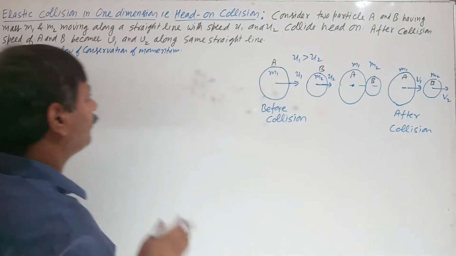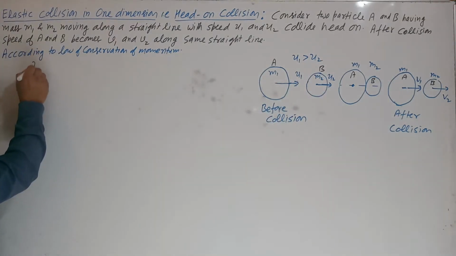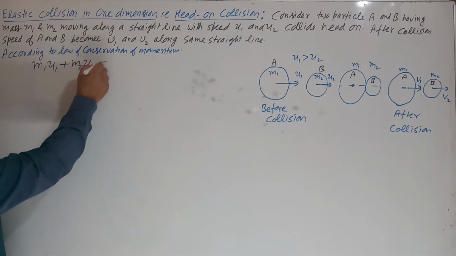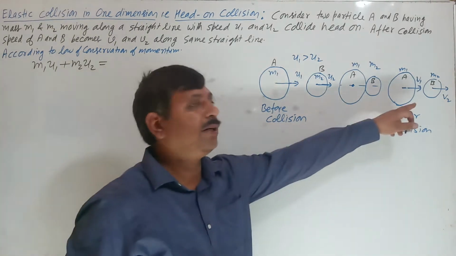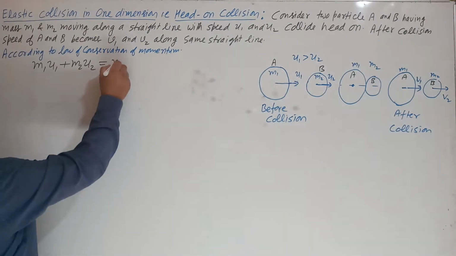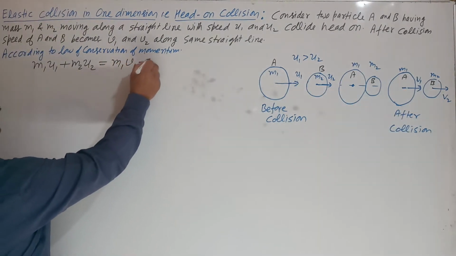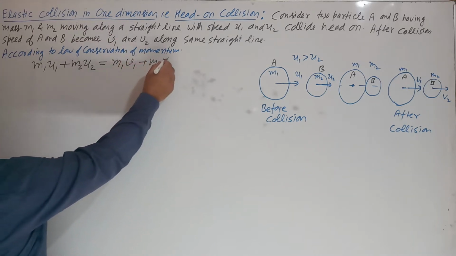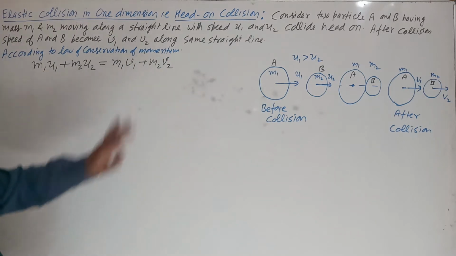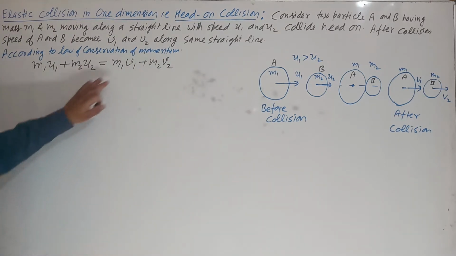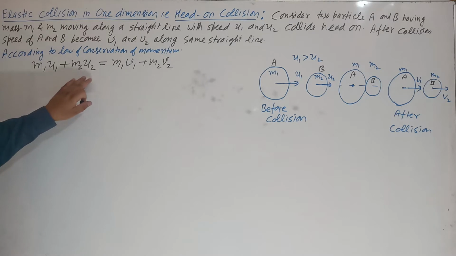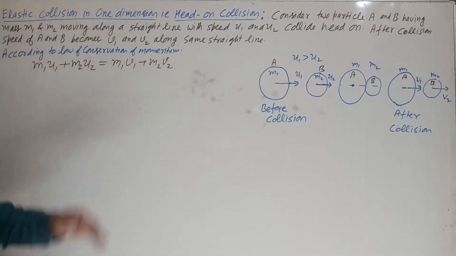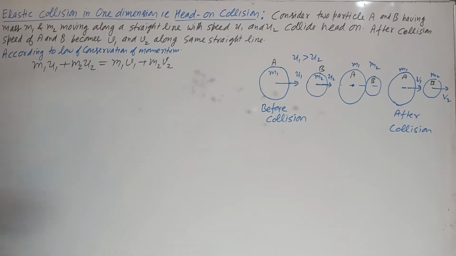So the momentum before collision is m1 u1 plus m2 u2. After collision, momentum becomes m1 v1 plus m2 v2. So m1 u1 plus m2 u2 equals m1 v1 plus m2 v2. This comes by the law of conservation of momentum.